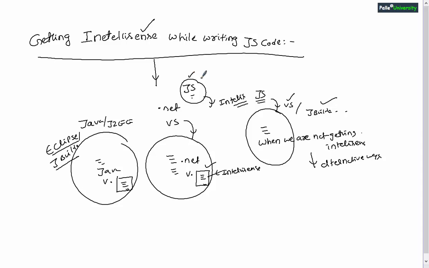It is actually easy. JavaScript is easy, but many people feel that it is complex just because of not getting the IntelliSense. So if you are not getting the IntelliSense either in Visual Studio or in some other editor, there are alternative ways which we can use for getting the IntelliSense. Those techniques I will be explaining in the current session.